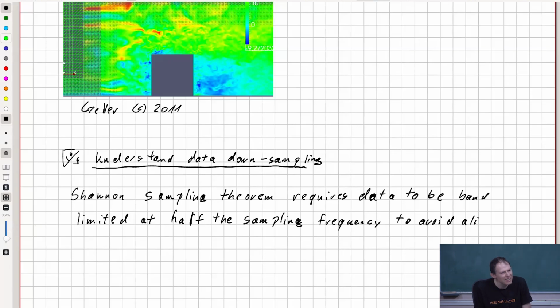Should I say aliasing or aliasing? Aliasing, I should say aliasing, right here. So aliasing.